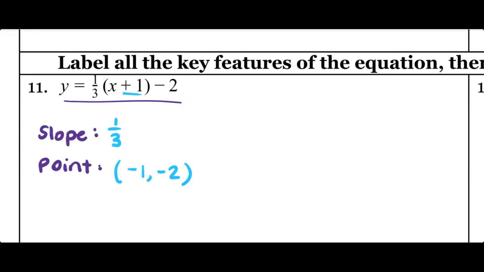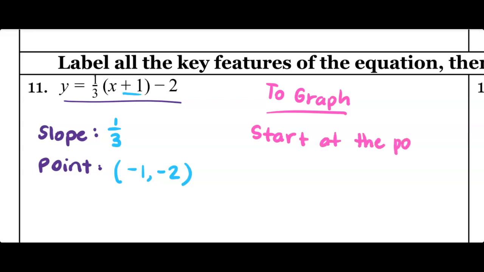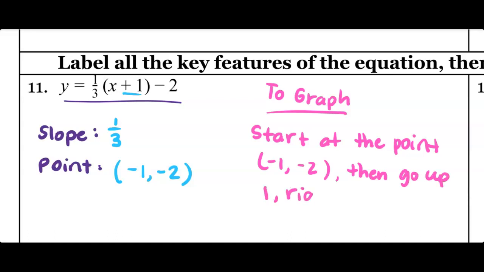So to graph this, we're going to start at the point (-1, -2), then go up 1, right 3 twice, then connect.